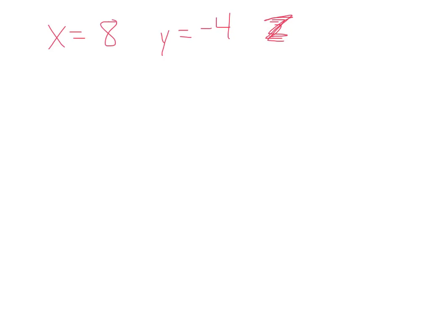Now, a lot of people, I'm not going to do z because z can easily be confused with a 2. I'm going to do a equals 2. Okay? So I'm going to make something up here. It's going to be x times y times a. Evaluate. So I want you to evaluate that.